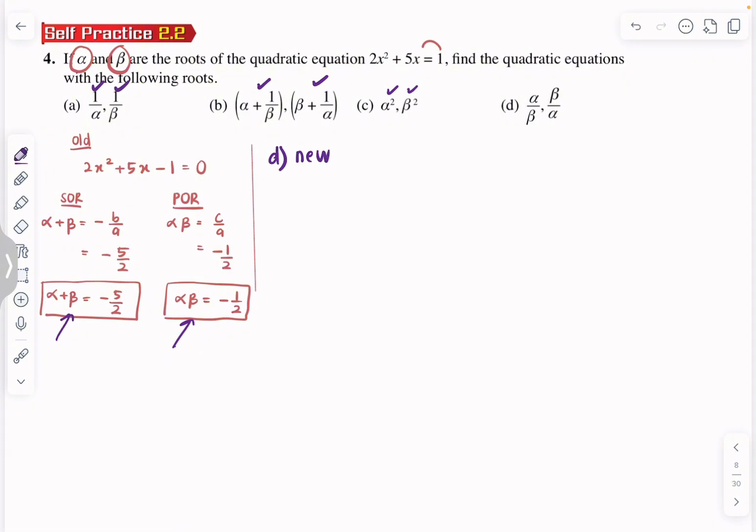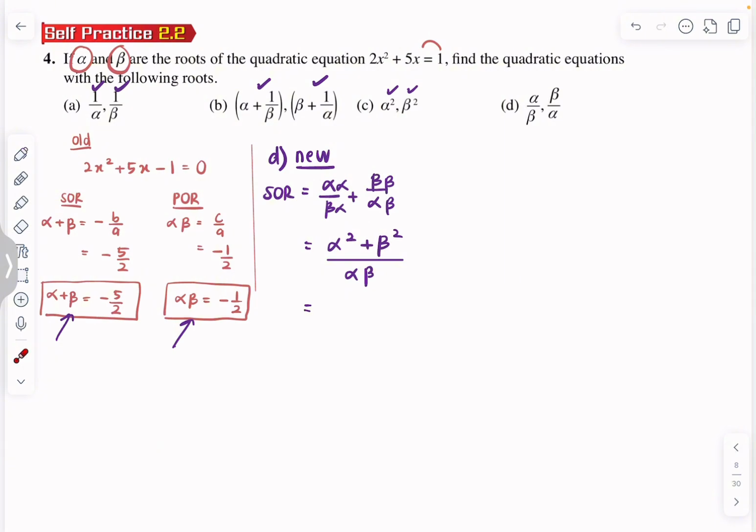Our new SOR will be alpha over beta plus beta over alpha. Okay, to add fractions, your denominator must be the same. So this one we times alpha alpha, this one we times beta beta. So we'll be getting alpha square plus beta square over alpha beta.